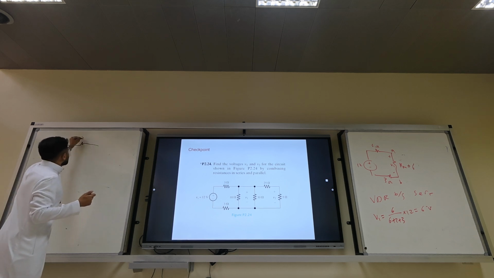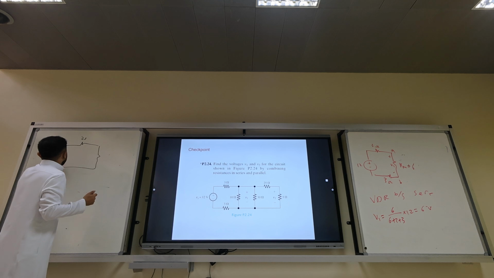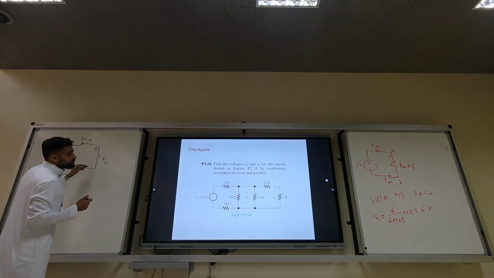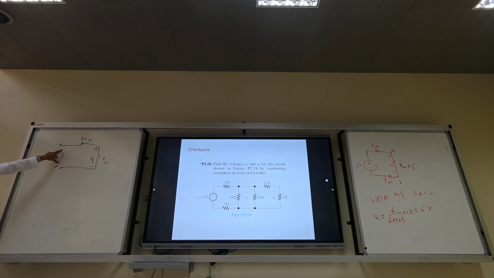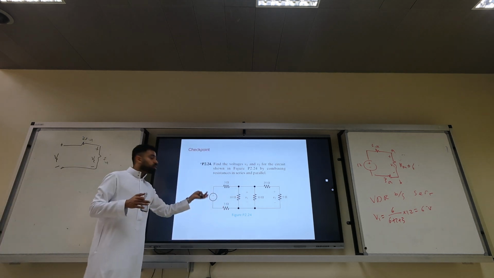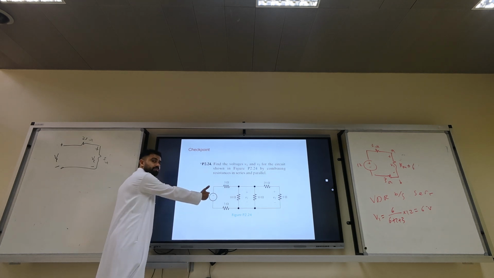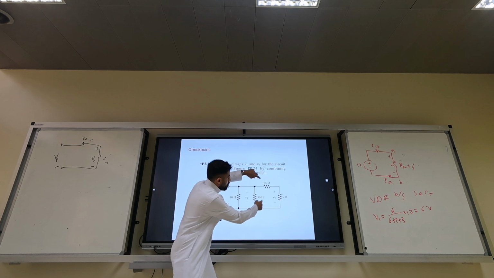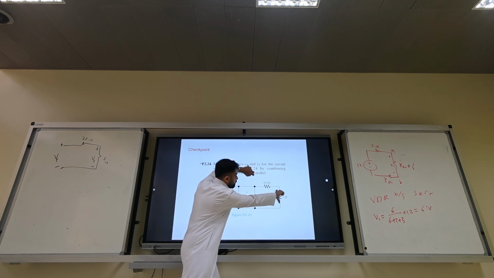And then here we have 25, and here we have 5. So I want to calculate V2. Are they in series with V1? Remember, in circuit analysis, we consider V1 as if it's a battery, because this battery could be another system. So we have here V1, 25, and 5.